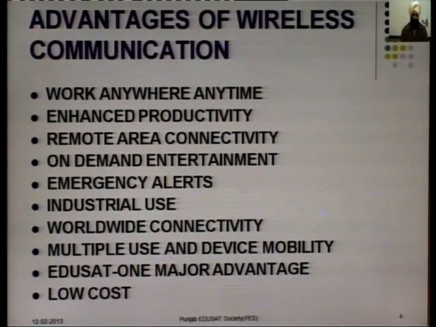There is a limitation of wired communication when there are hindrances like seas, like hills, then there is much problem in connecting one place to another place with wires. But with wireless communication, we can connect worldwide. So throughout the world, wireless communication can be used to connect each point to each point.